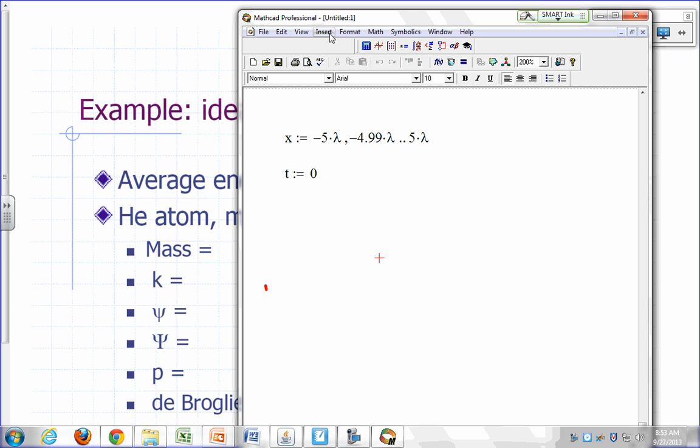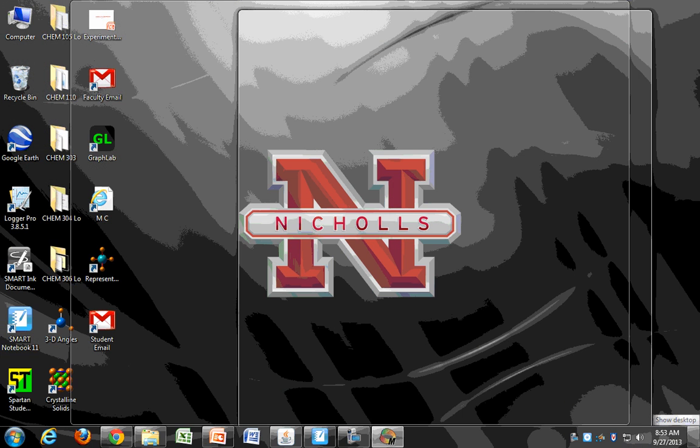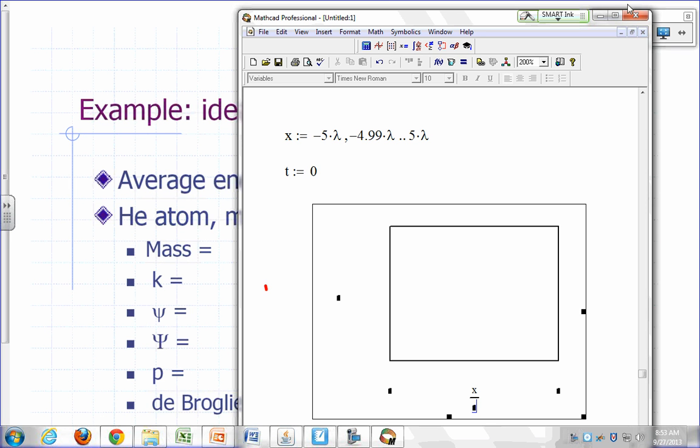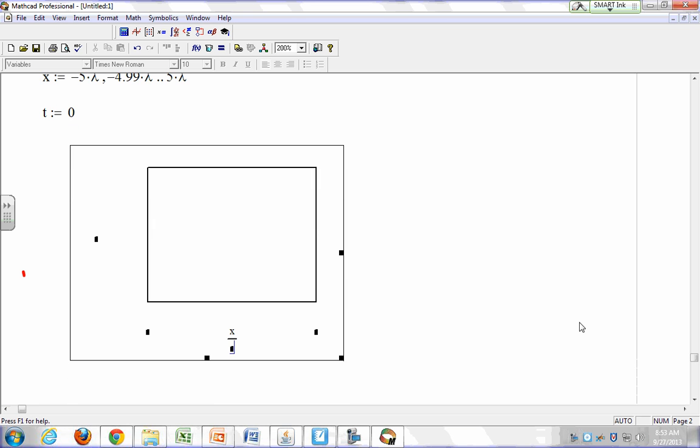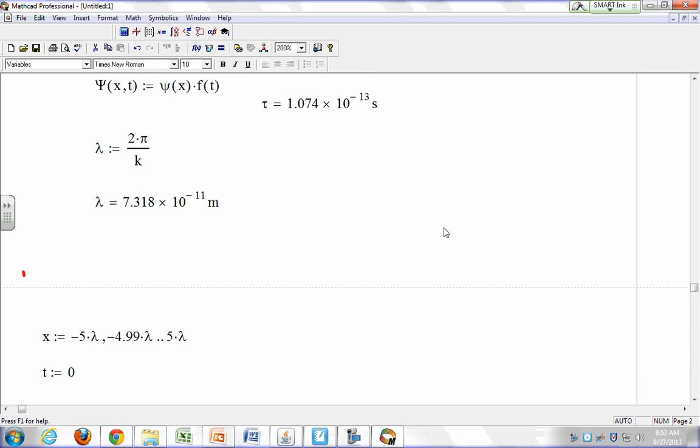So I'm going to plot that versus x over lambda. Okay, so I'm going to plot psi. What can I plot? Big psi, right?